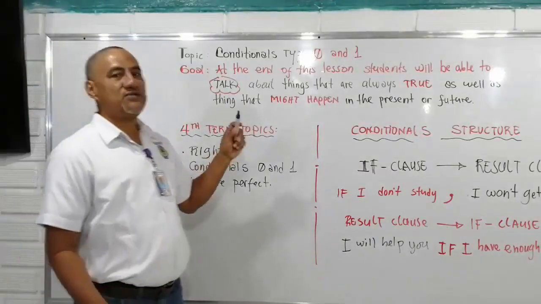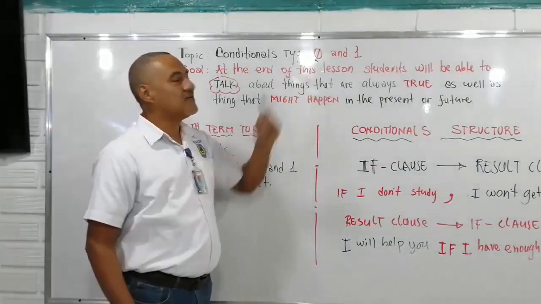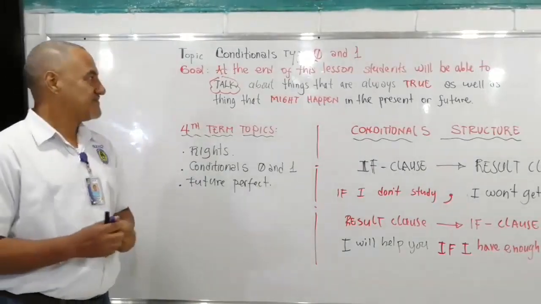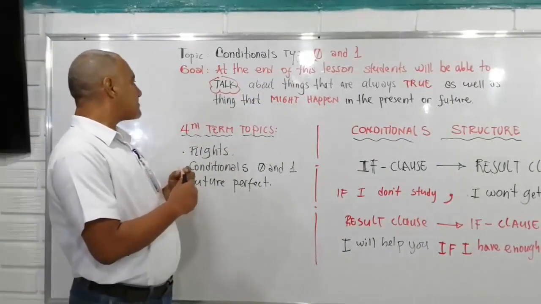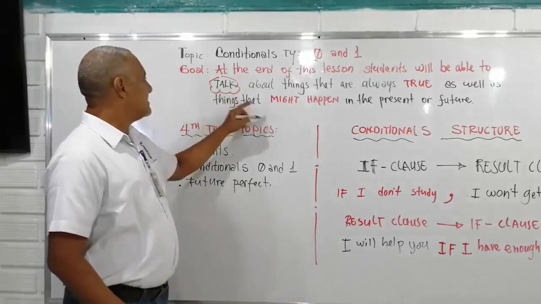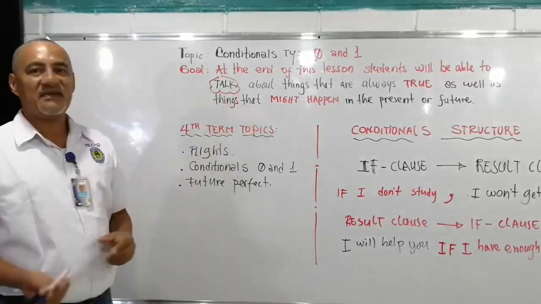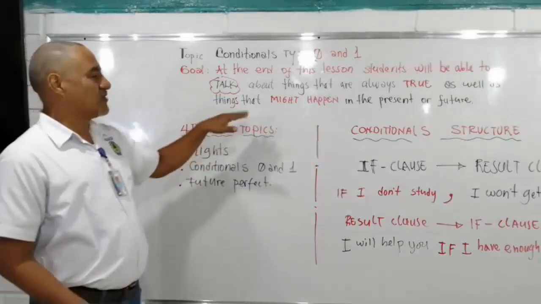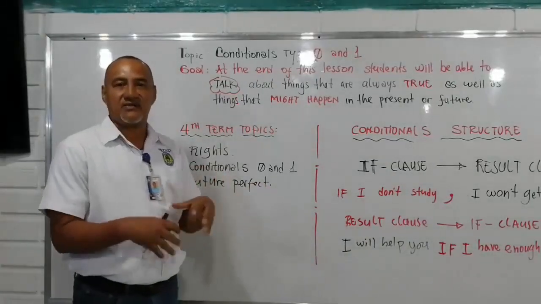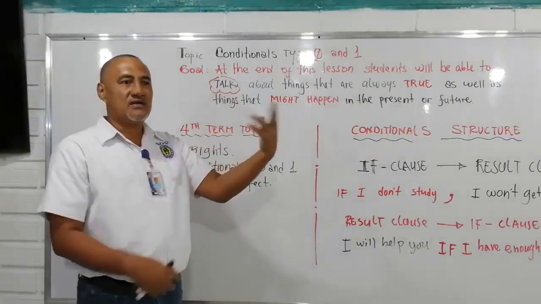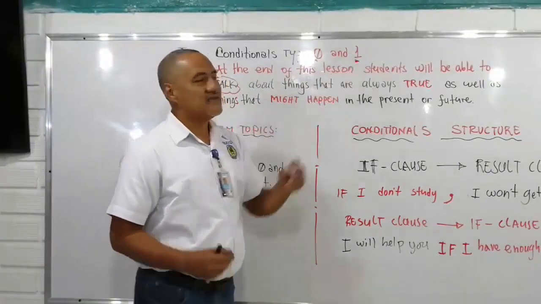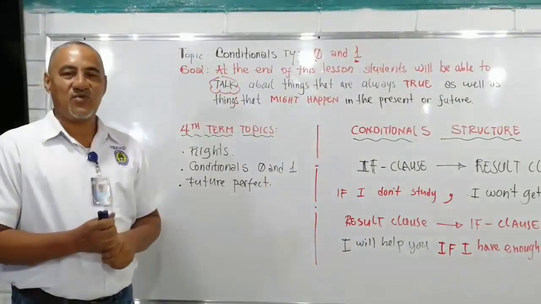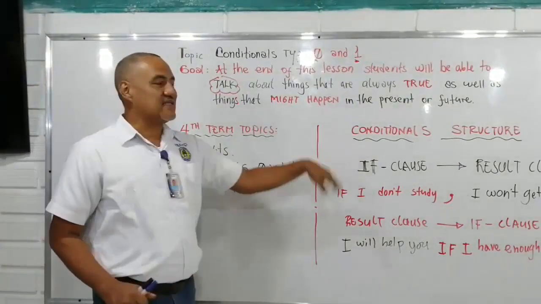For this, we are going to use the conditional 0, as well as, así como también, things that might happen in present and future, cosas que posiblemente pueden suceder ahora or in the future. For that, we are going to use the conditional number 1.